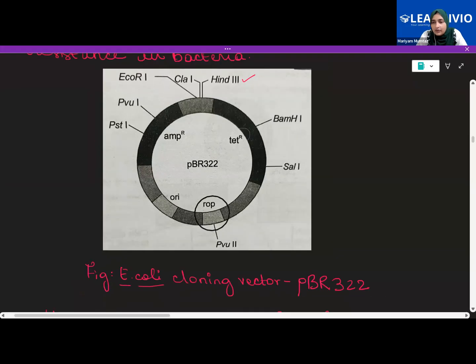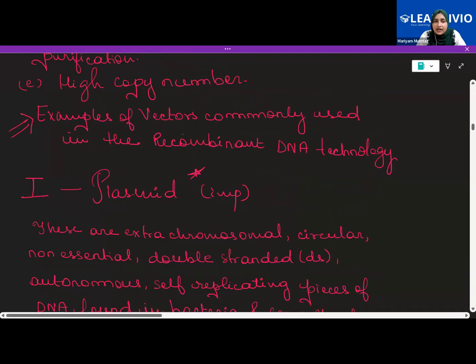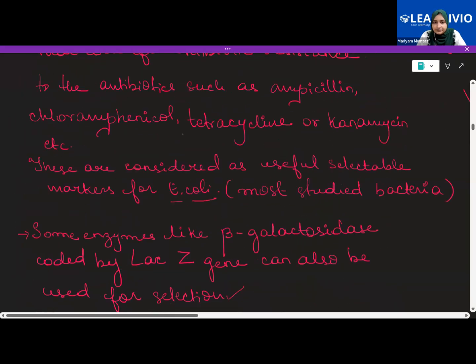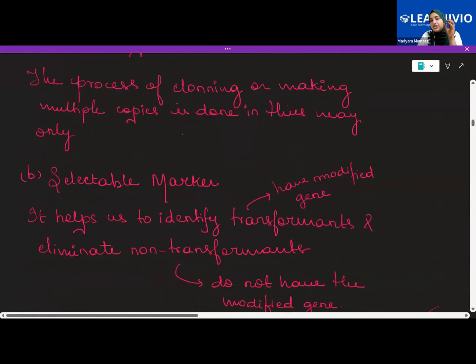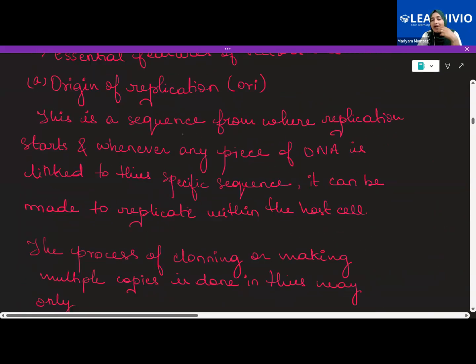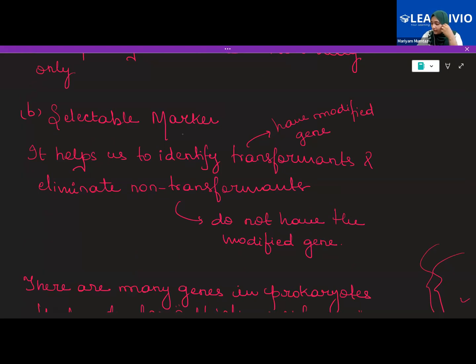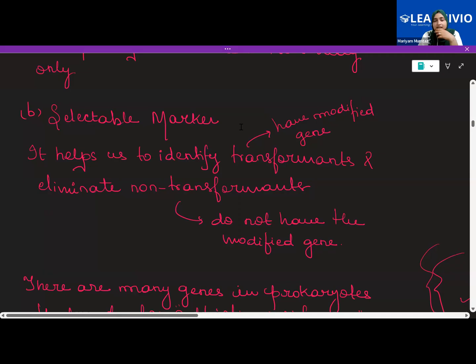Understood? Now, the presence of a selectable marker is important because, for example, if you have taken a gene of interest and you have added it to the restriction site or anything of that sort, then how would you know that the transformation has been done? It will be known when that particular plasmid loses that resistance.